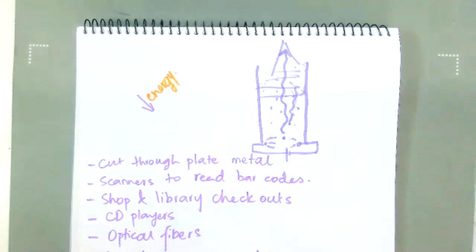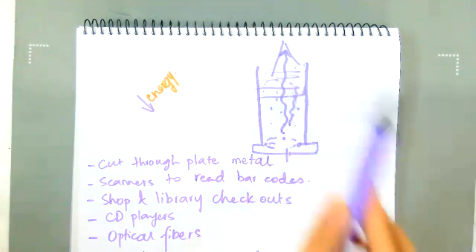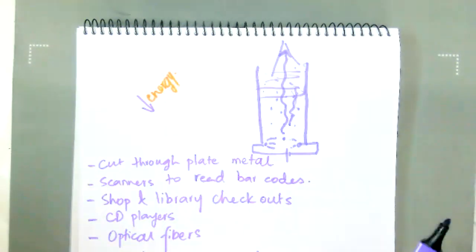Some lasers you can see their path, some you cannot. Sometimes they're strong enough that they can cut through, so all this energy is concentrated at one point, and you can use that to cut through metal plates.